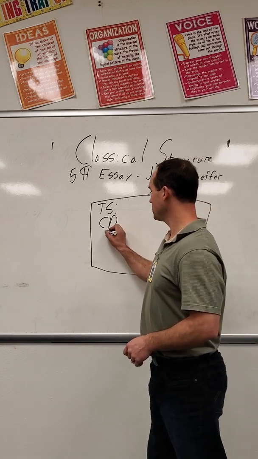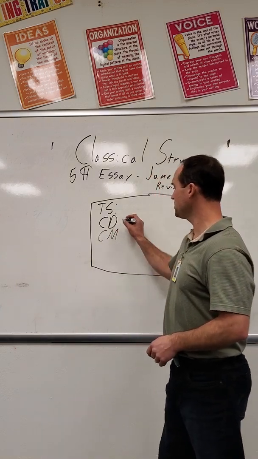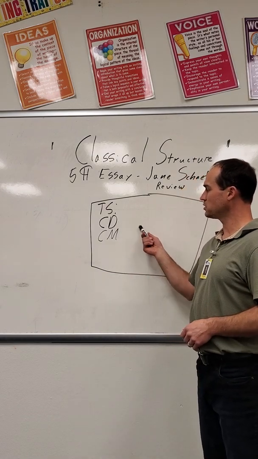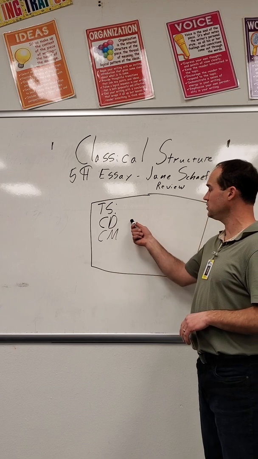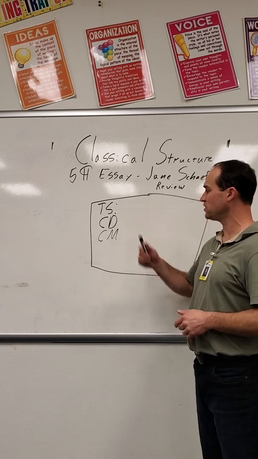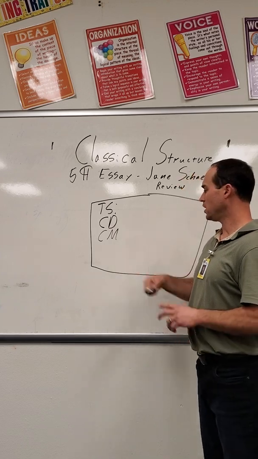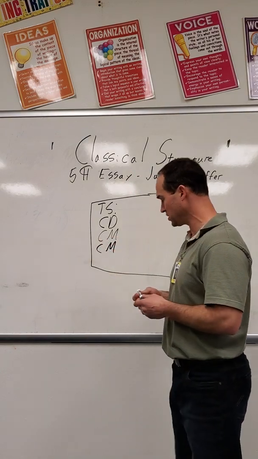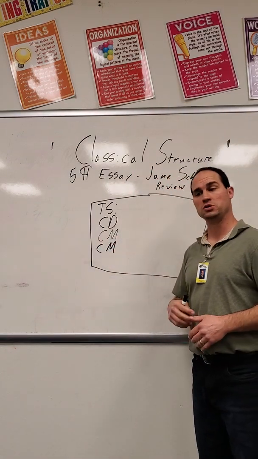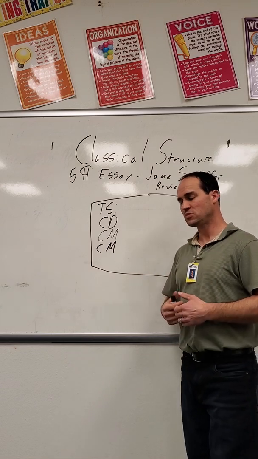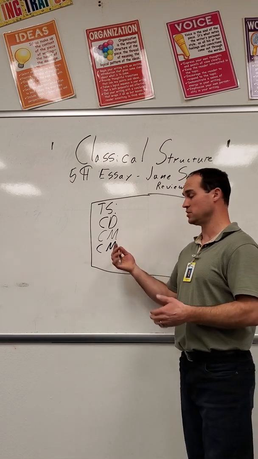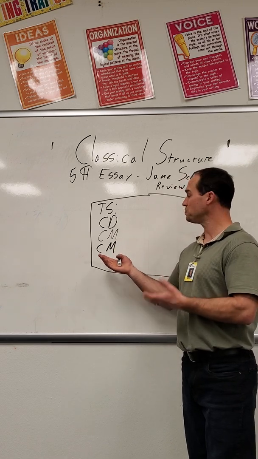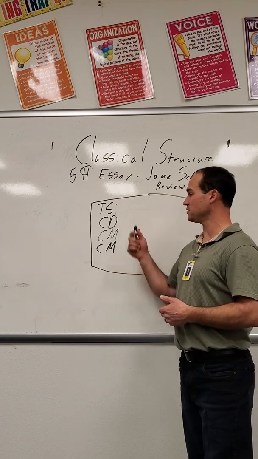Next, you have your commentary. Okay, your commentary explains or unpacks often the quote or the paraphrase that you've written for your concrete detail. This is where your skill as a writer really shows through, because you are often using reasoning and your writing skills to clearly explain what you've written as a concrete detail.